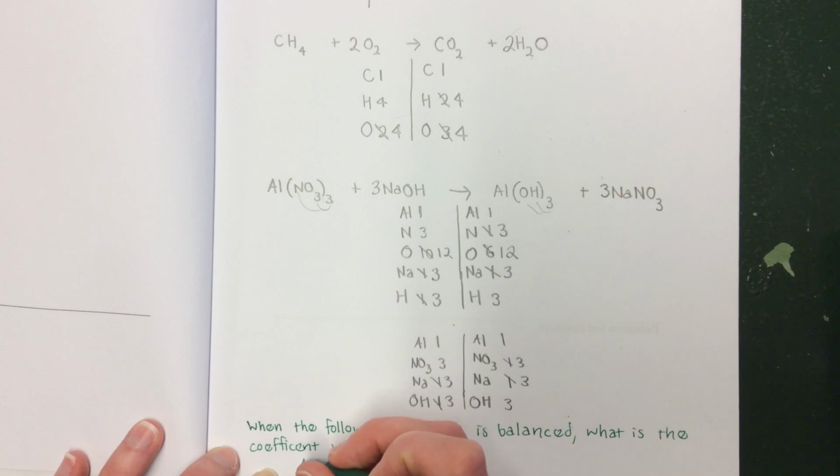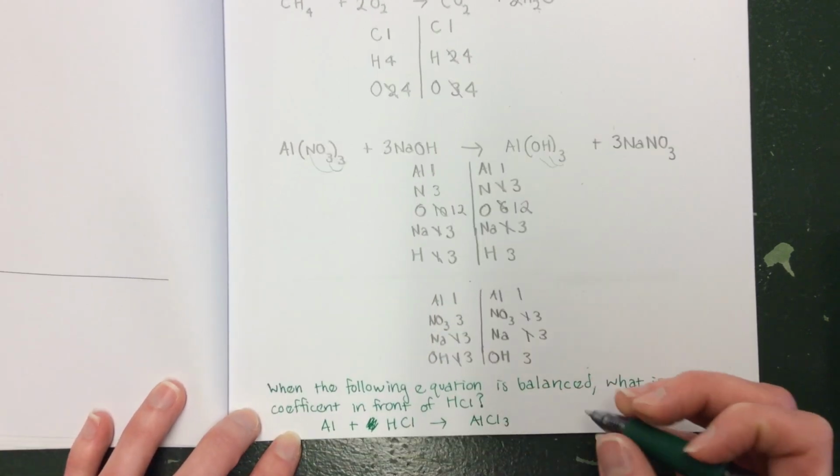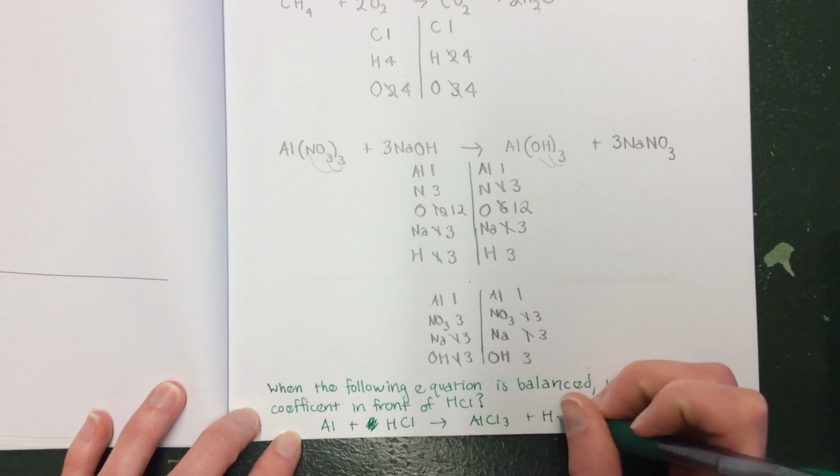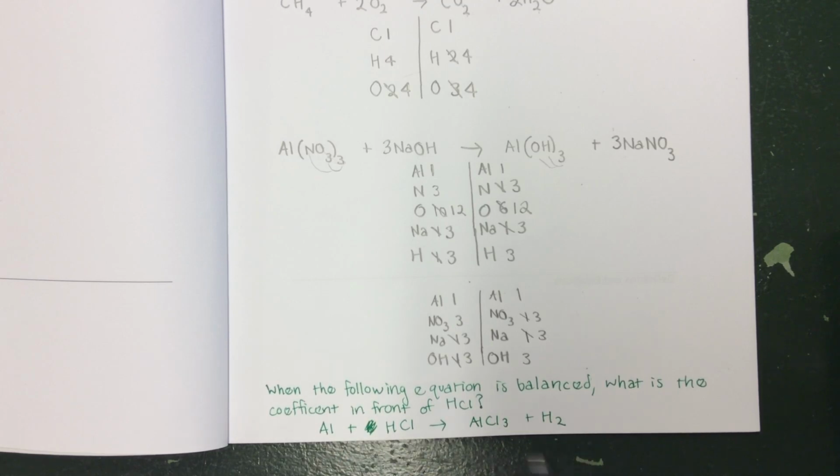And then let's say here's our equation. Okay, so this question is asking me for the coefficient in front of HCl. I have to balance the whole equation to figure that out.